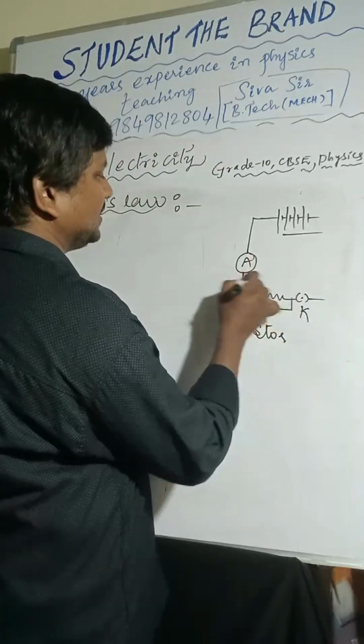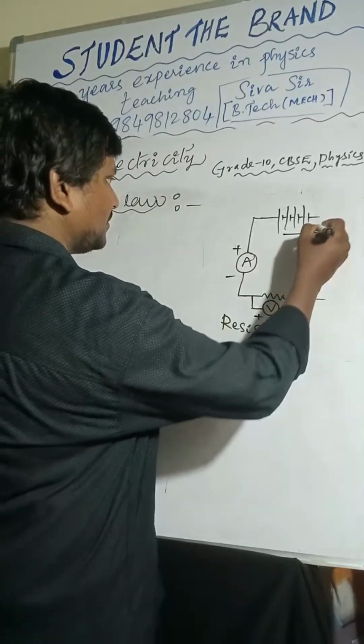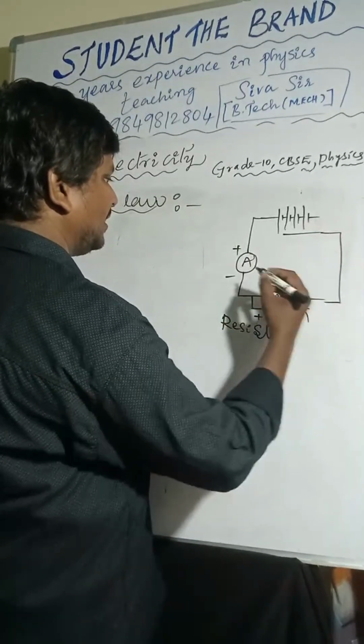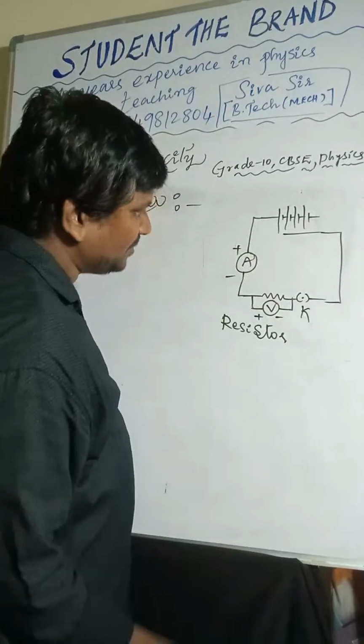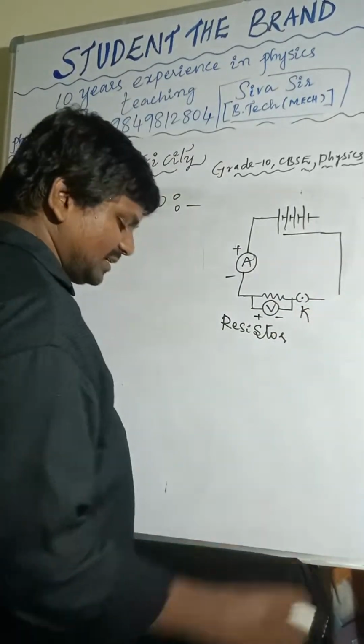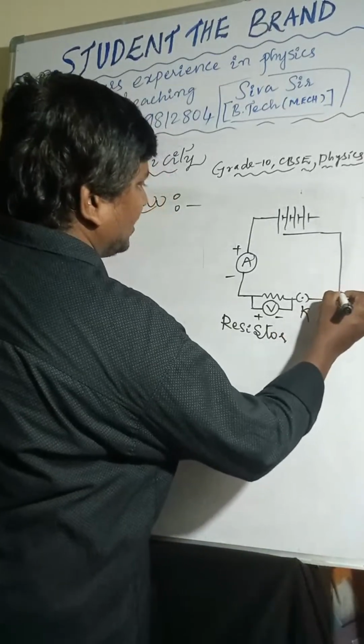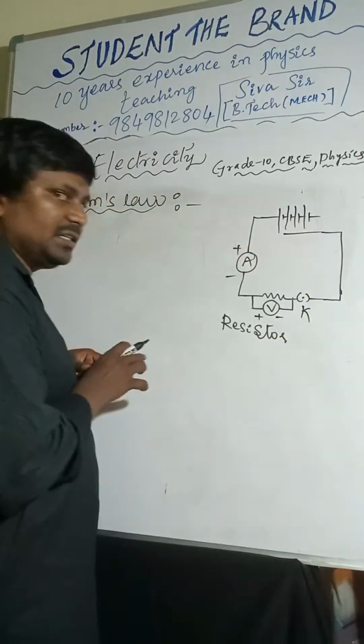Around the resistor there is a potential difference, positive and negative.